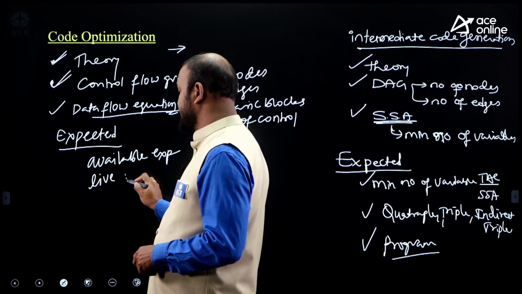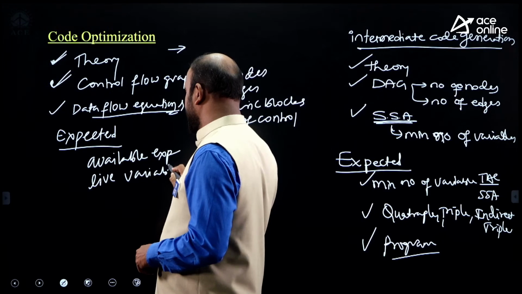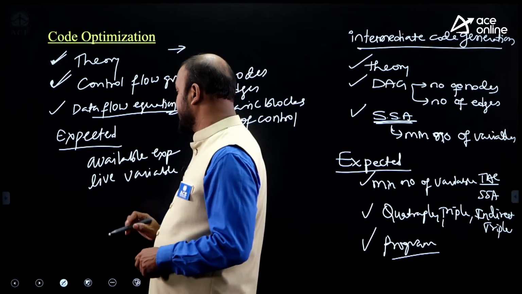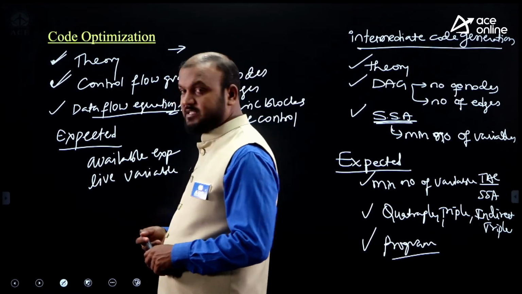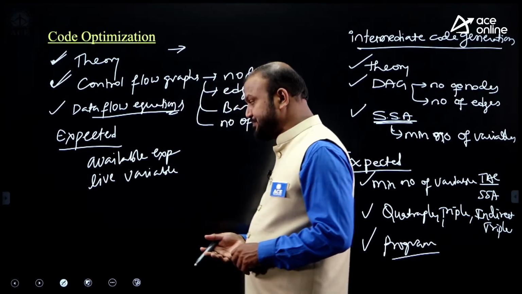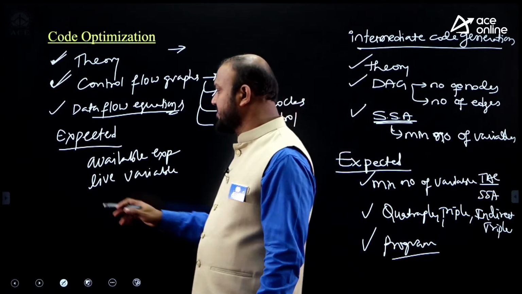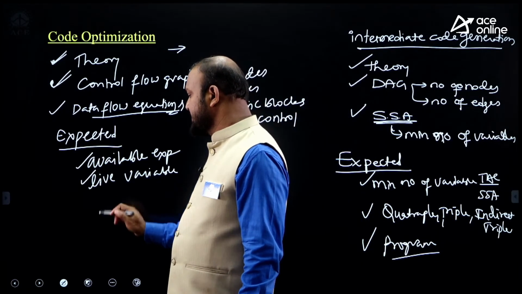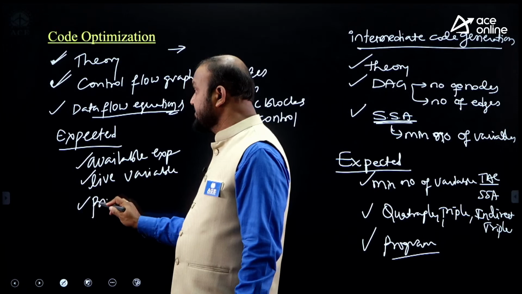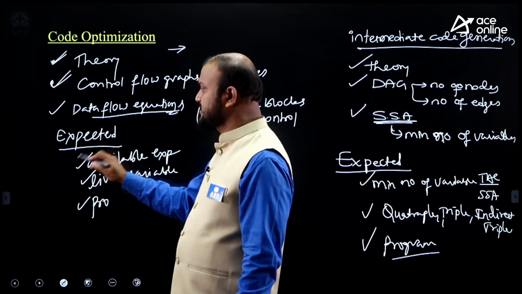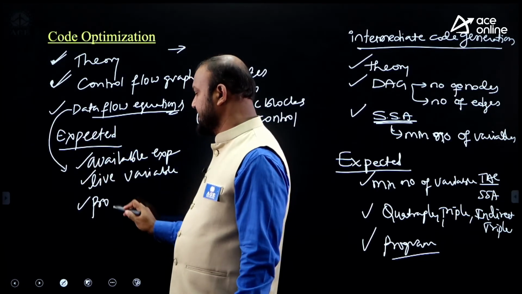After data flow analysis, what are the live variables and what are the dead variables? What are the available expressions? What are the busy expressions? What are the loop invariant computations? Such kinds of questions. There is still a scope of asking questions, and you can expect some problematic questions from the optimization chapter, especially on data flow analysis.